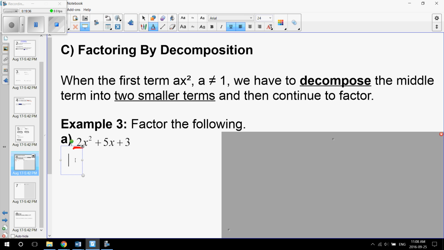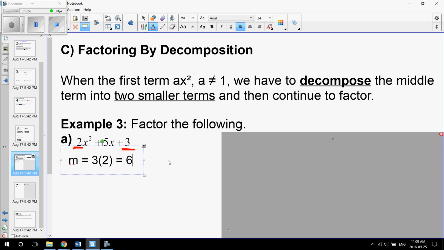This time when we come up with our multiply value, just like we said in our original definition, we have to multiply our a value by our c value. So instead of our multiply value just being a 3 this time, we need to include this 2. So now it's going to be 3 times 2, which is 6.